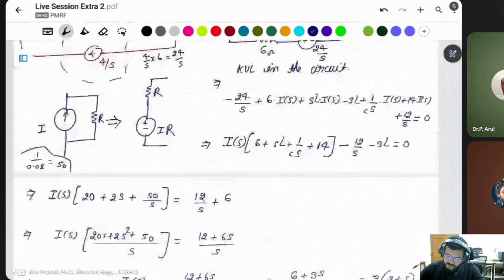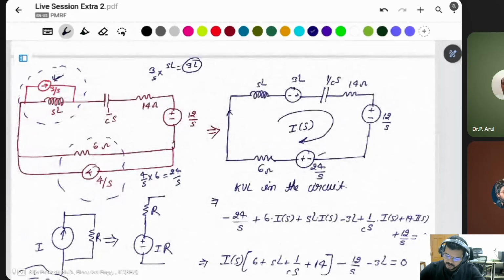You can see this is an RLC circuit, which means you have to solve it using a second order differential equation.